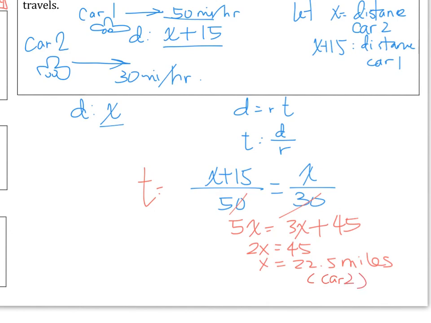And then we can take x plus 15 and add it together to get 37.5 miles for car 1. And this concludes our lesson.